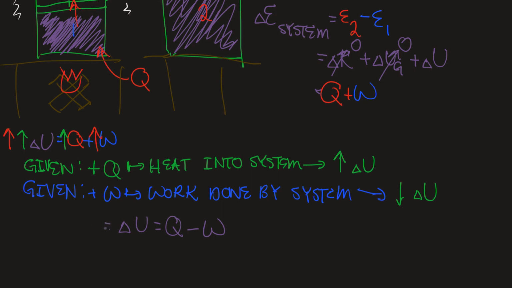And this we know from this equation up here, that this is all equal to the change in energy of our system. And this is an equation that describes our first law.